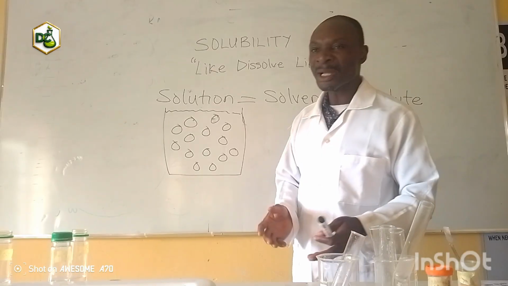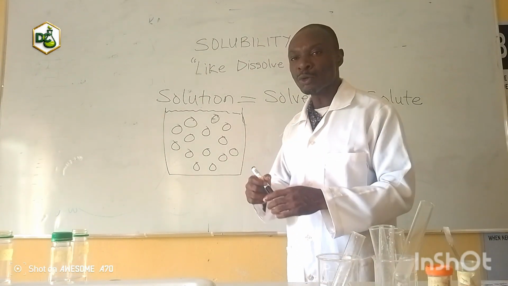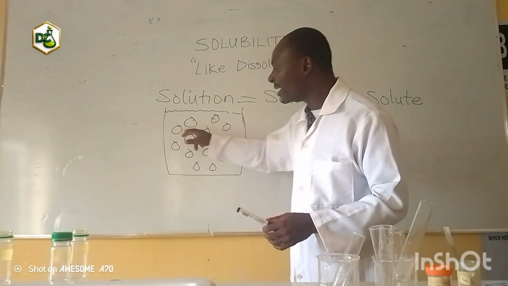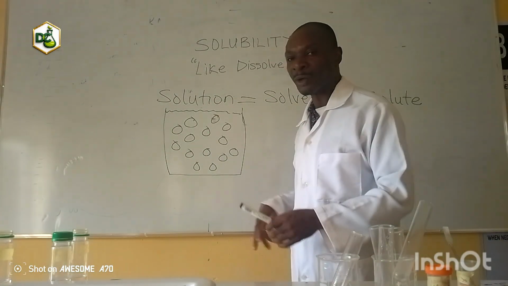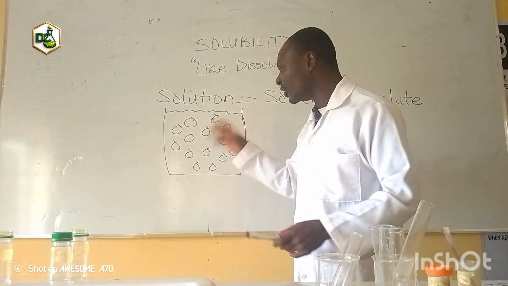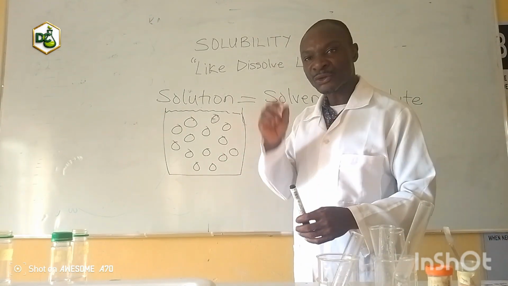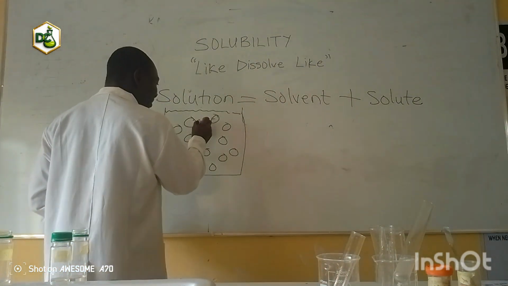The same thing for sugar. When you dissolve sugar in water, the molecules of sugar occupy the spaces in between the molecules of water. And for the fact that the molecules of sugar are very tiny, you no longer see them, then we say sugar is being dissolved in water. So this is how it exists.